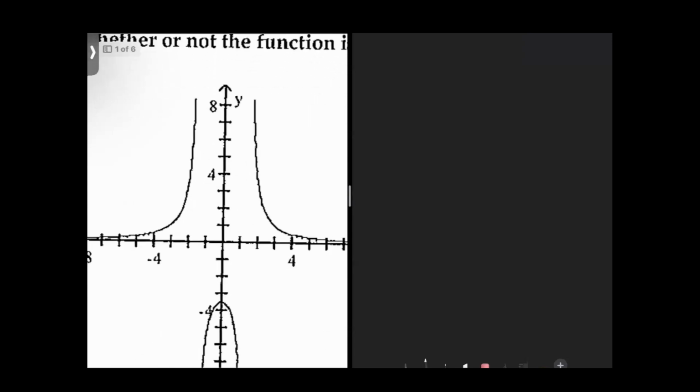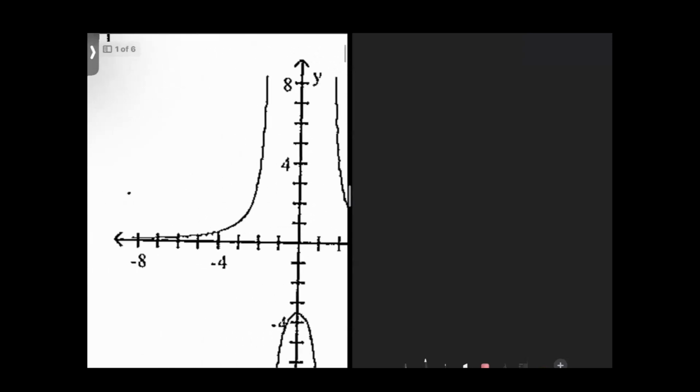Or in other terms, if you choose two different points on the x coordinate that hit one value on the y coordinate, it is also not 1-to-1. So let's see if we can find some points.